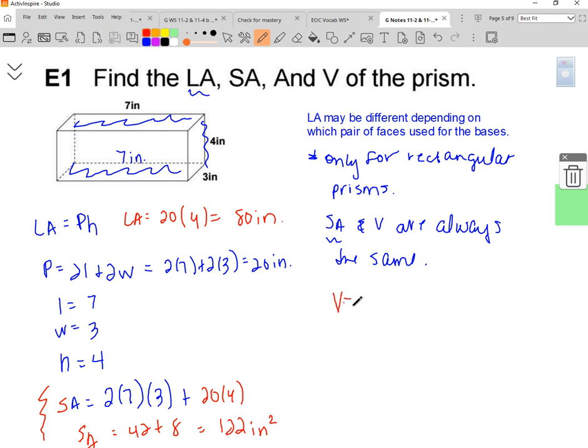And the volume, the area of the base, length times width, times the height. 7 times 3, length and width, times the height of 4.